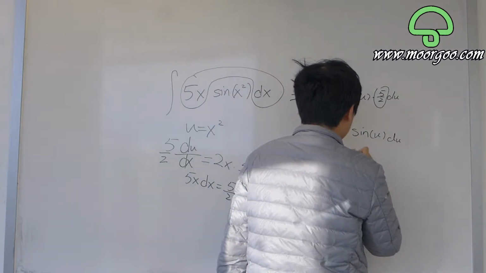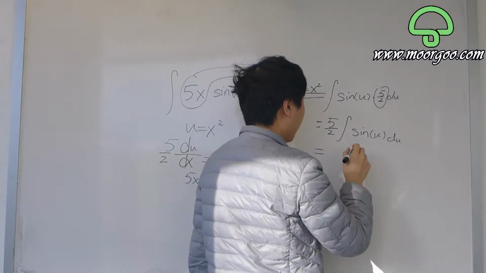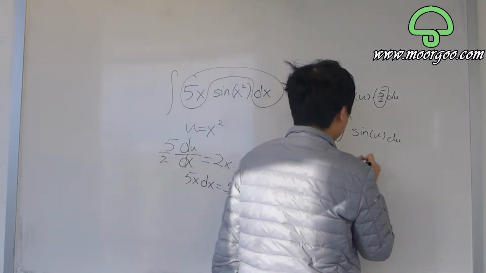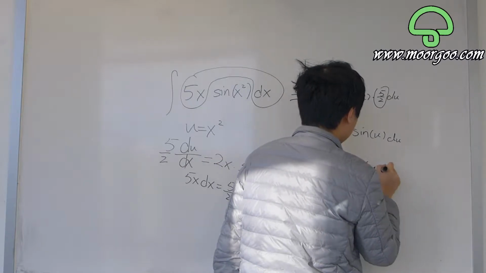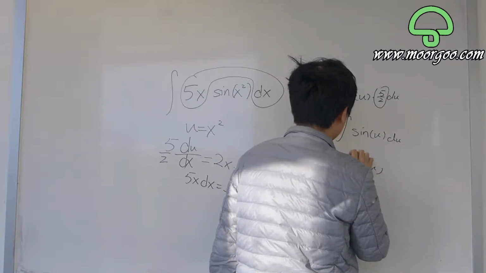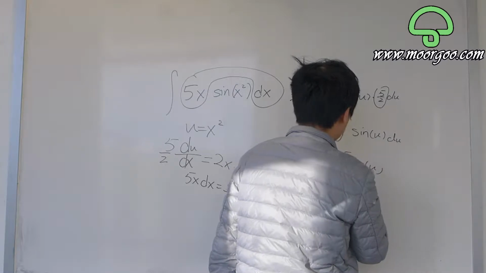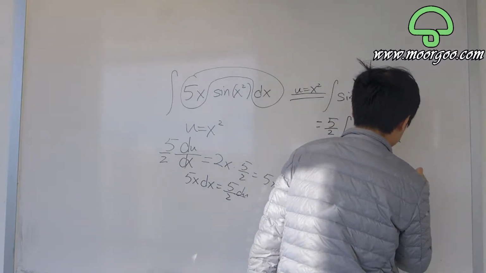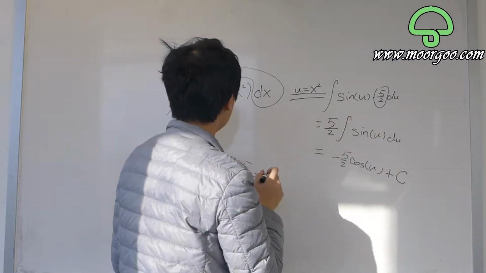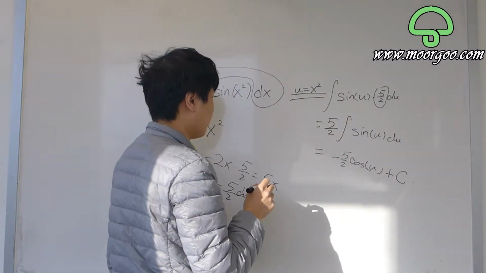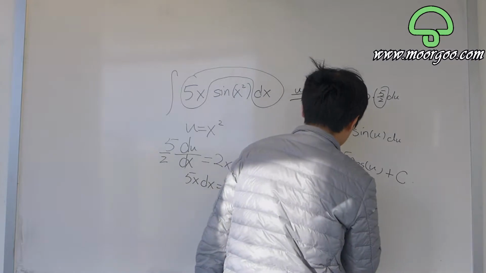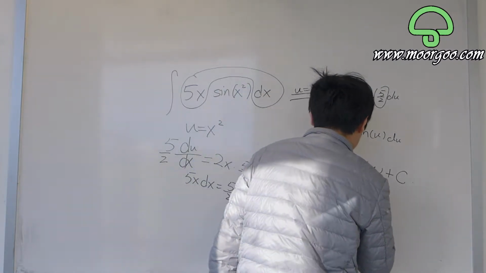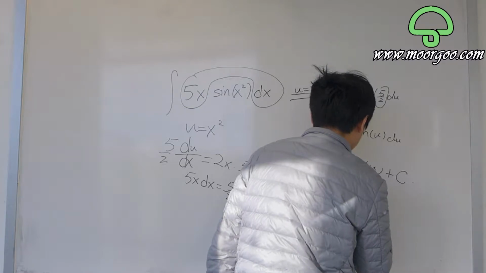We know that the integral of sine x, or sine u in this case, is negative cosine u times 5 over 2 plus constant. So let's substitute x squared back, and we will get this.